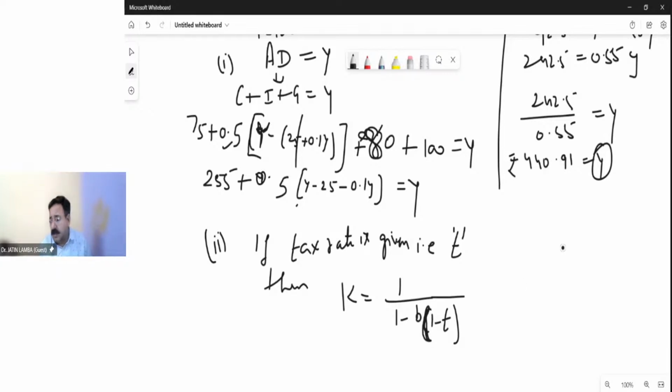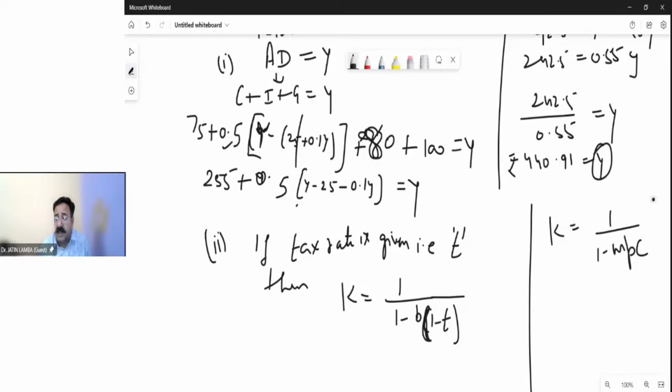See, whenever, yes, Bhumika, I forgot the tax rate there, right? So now see, you can write it, and I am explaining here why we are using this formula. Earlier, in the simple model, we took the formula K equal to 1 upon 1 minus MPC.